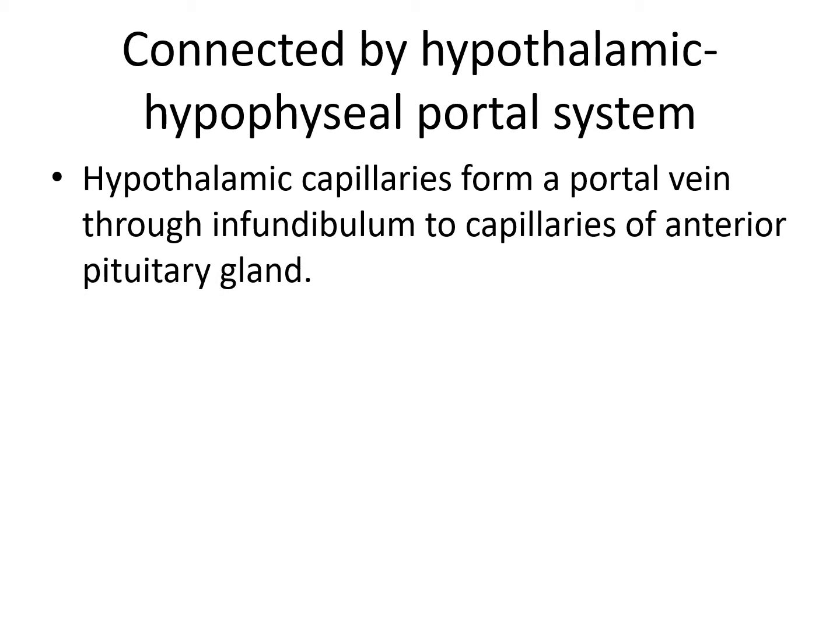Here, in the hypothalamic-hypophyseal portal system, there is a portal vein that connects the capillaries of the hypothalamus to the capillaries of the pituitary gland. So this forces hormones from the hypothalamus to go to the pituitary gland to have effects on it.